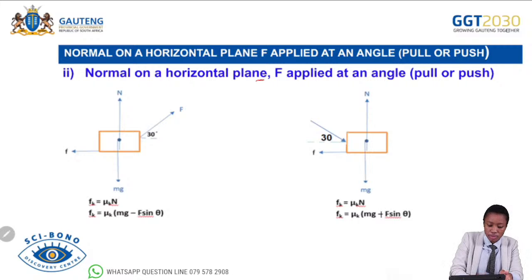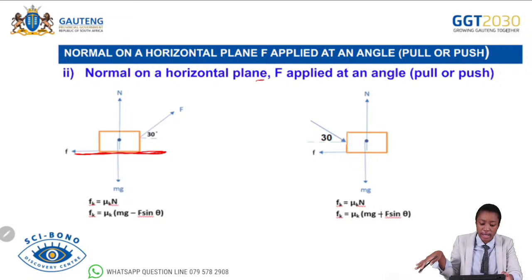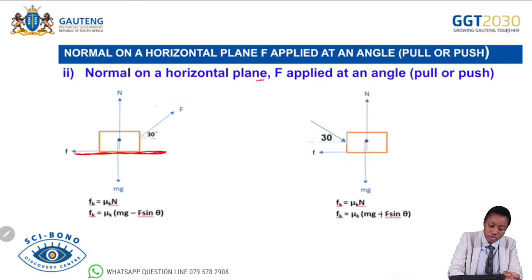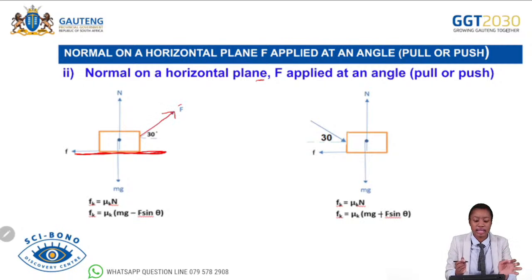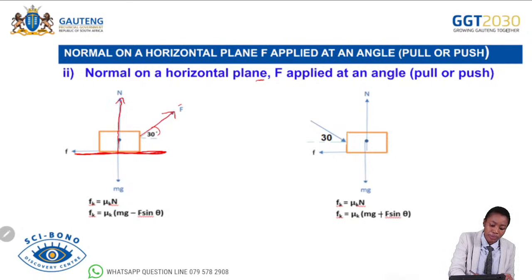So my block or my couch is placed on a horizontal plane, and then I have an applied force at an angle, a pulling force at an inclination, which causes a 30-degree angle. Normal force will still be perpendicularly up, Fg will be there, and my frictional force is on the side.